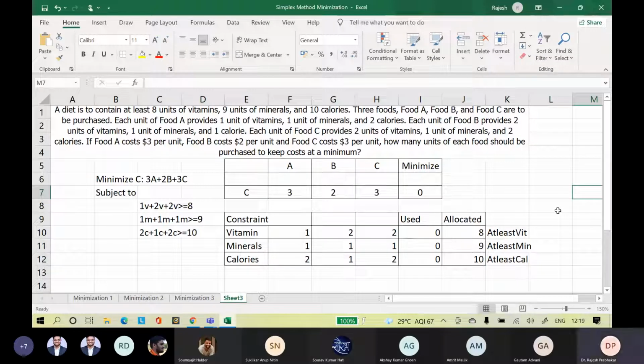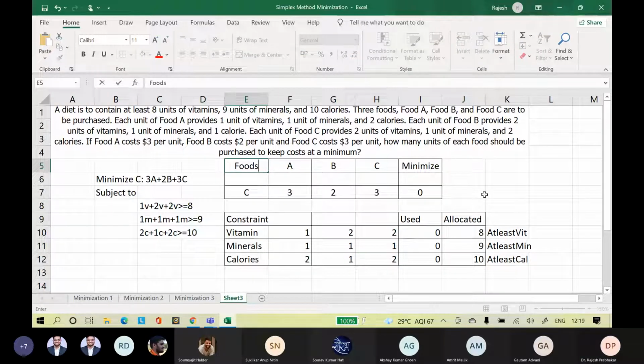Got it? These are food A, food B, food C. These are foods. So now how much of A, B, C should be consumed meeting these constraints?